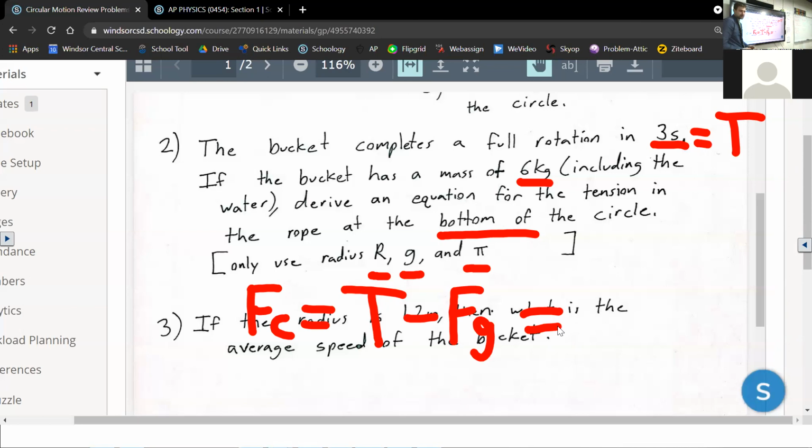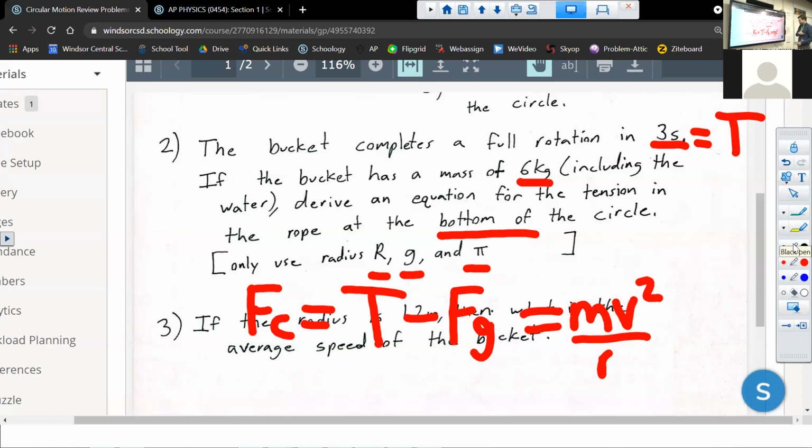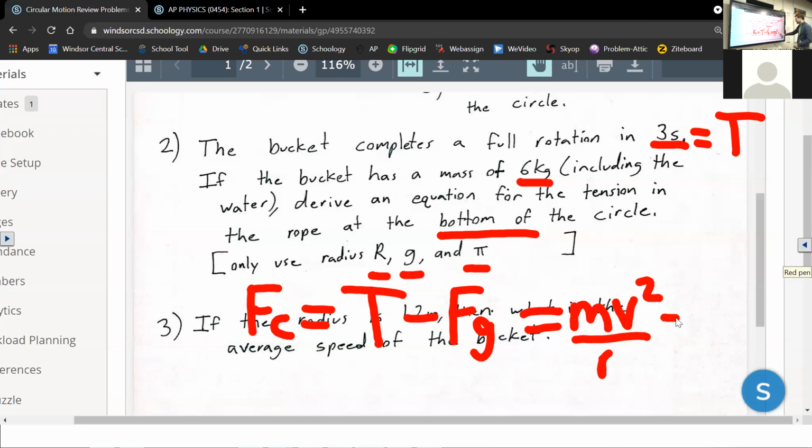Fc is equal to mv squared over r. It's skipping over the ma part of the equation, right? But we can get there. The m, I'm not too worried about because they gave me m, so I could replace it with 6. And then R, they gave me big R, so we'll leave it as big R. V squared.